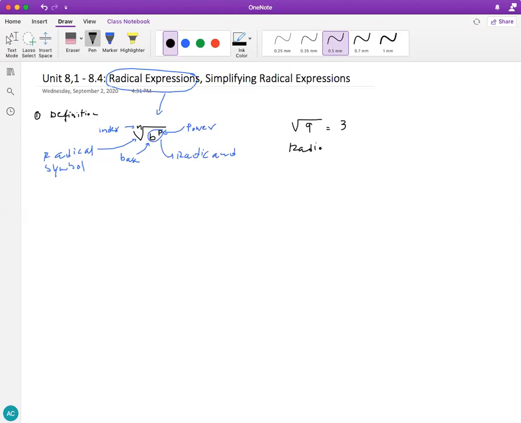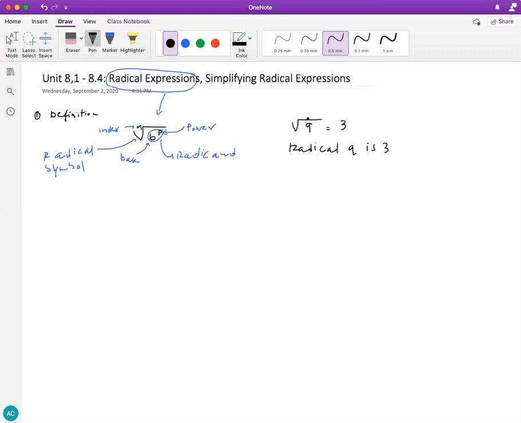So radical 9 is 3. And so this is a radicand, okay? The number that's under the radical. This is a radical symbol. And we have a little symbol here, or a little number that's invisible.